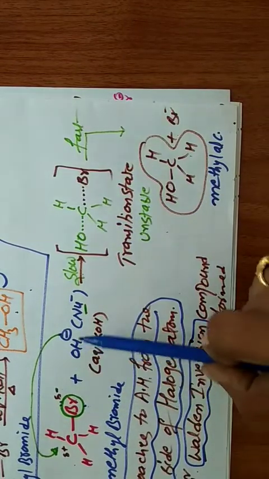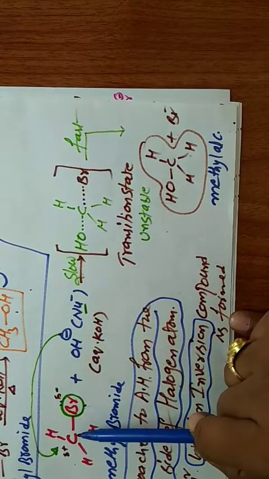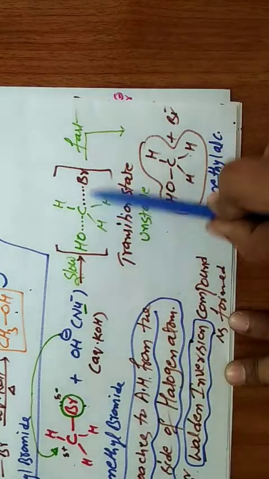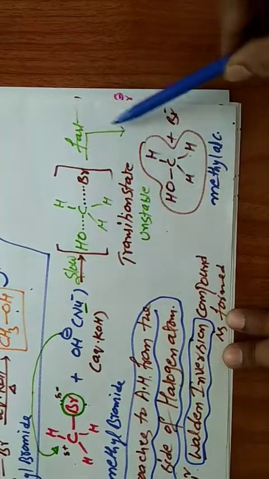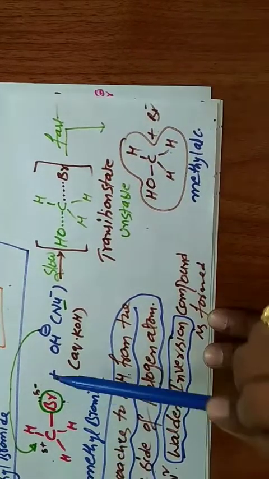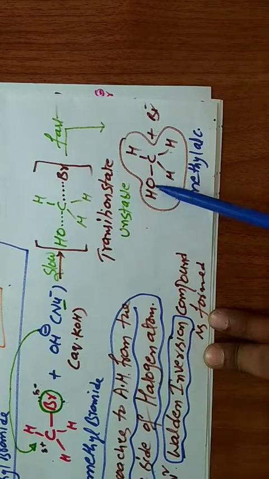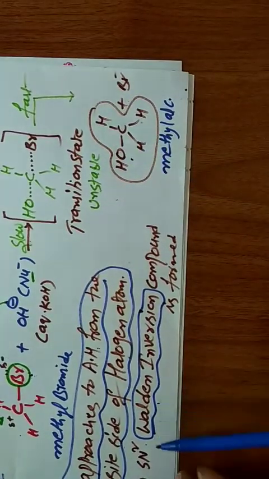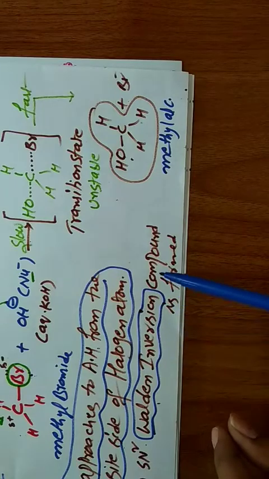It slowly forms a new bond with carbon. At the same time, the carbon-bromine bond is slowly broken. Unstable, fast step, this bond will be broken. We get methyl alcohol. Bromine is on the right side, OH group is on the left side, quite the opposite structure. That's why it was discovered by the scientist Walden. In SN2, Walden inversion compounds are formed.